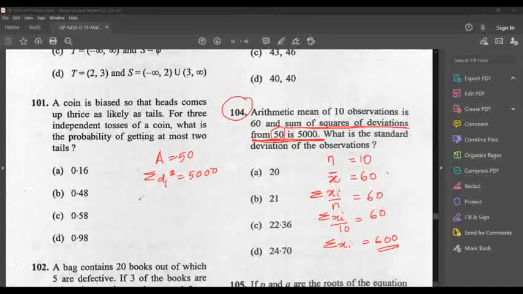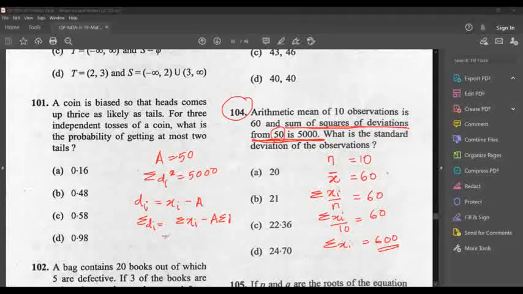Now, we know that di is xi minus a. Deviation is xi minus the assumed mean. Remember the table, xi minus a. Deviation means how much it deviates from the assumed mean. So what is sigma di? Sigma di is nothing but sigma of xi minus a, which is sigma xi minus a into sigma 1, and sigma 1 is nothing but n.